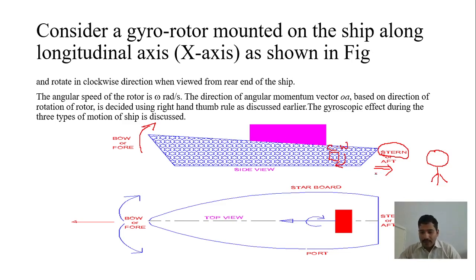When the rotor is rotating in the clockwise direction as seen from the stern, it will have the angular momentum vector in the direction of OX. Let us see. This is point O and this is our point X, and the observer is observing from here.